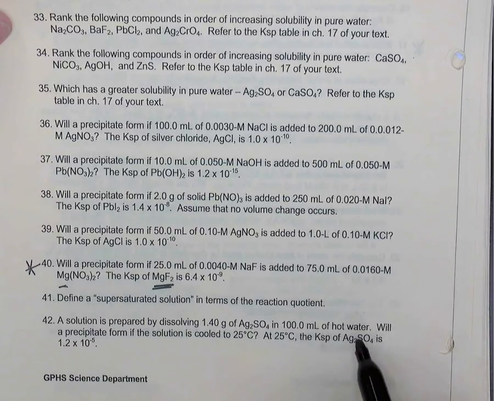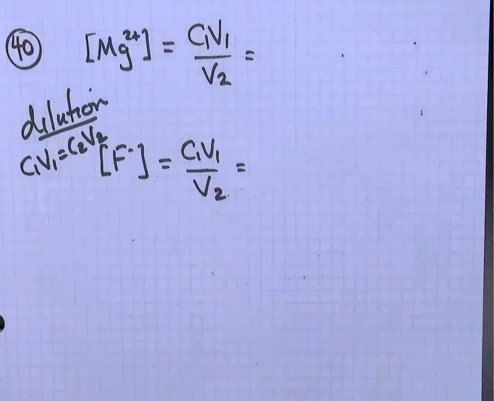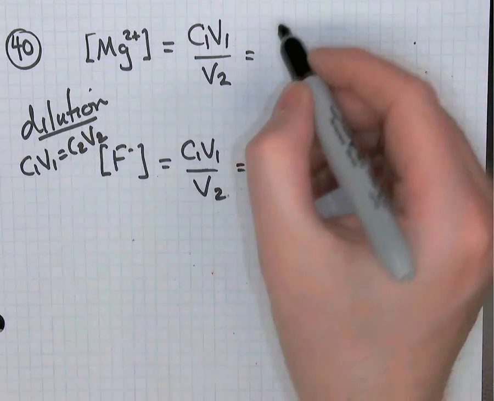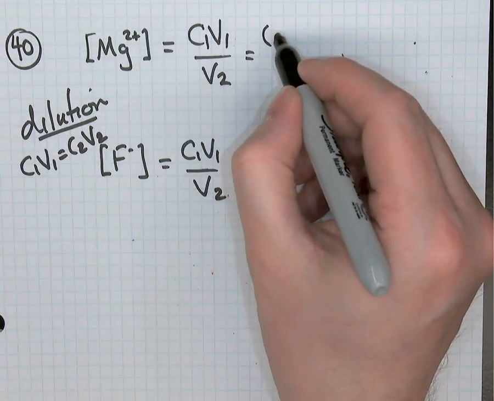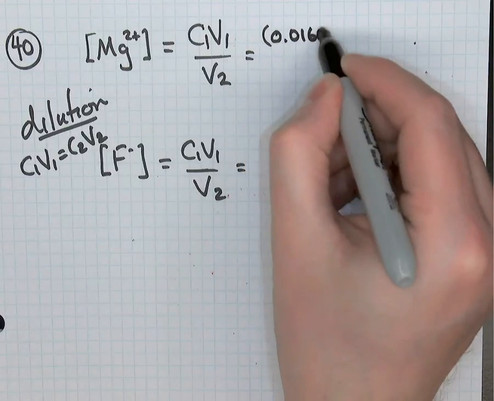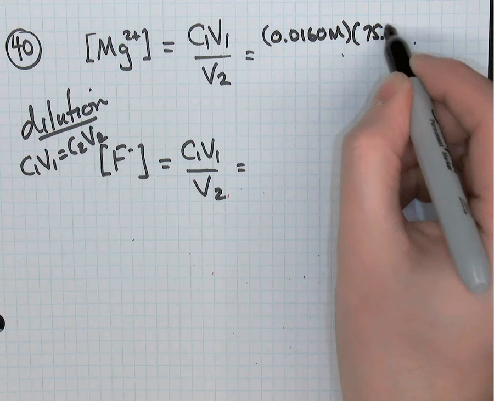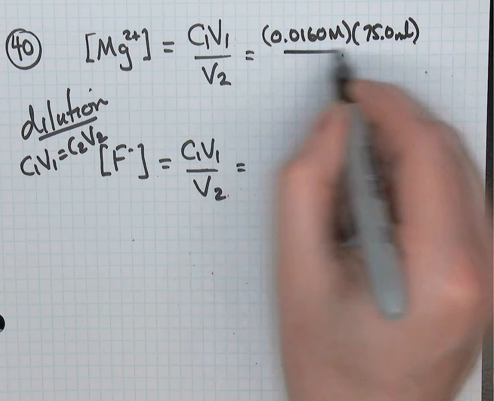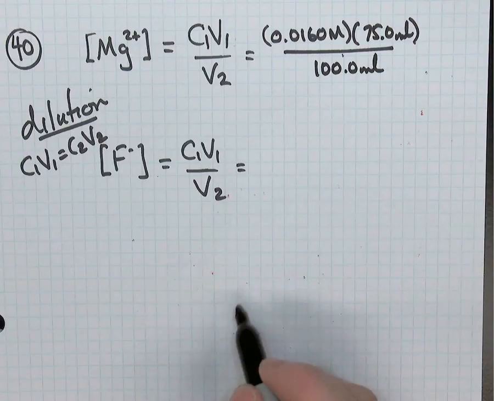So that'll be the initial concentration of magnesium, 75 mL the initial volume, and the total volume again is 100. So putting these numbers in, the magnesium's initial concentration was 0.016 molarity. We were using 75 milliliters of that, and the total volume was 100 milliliters at the end.